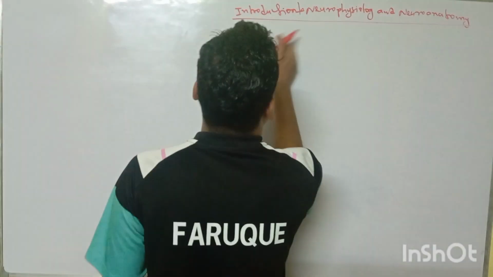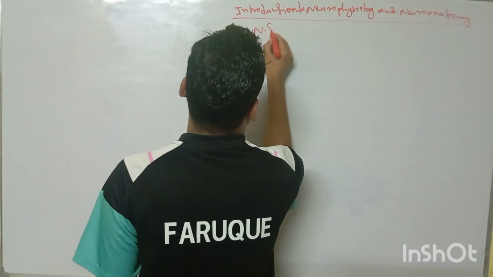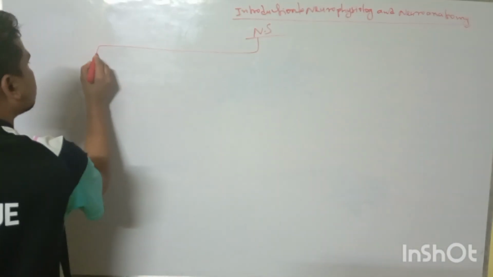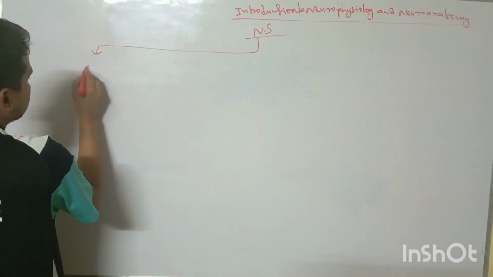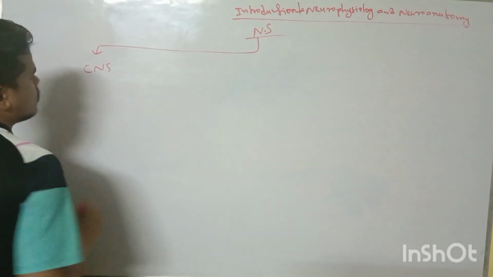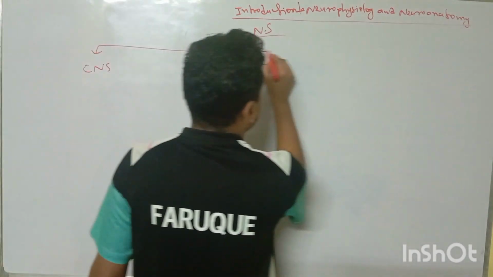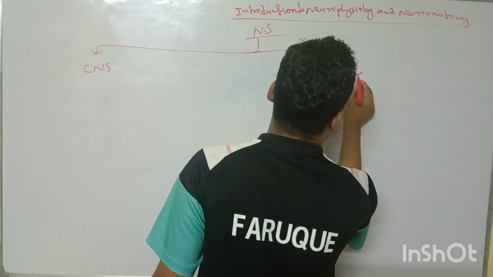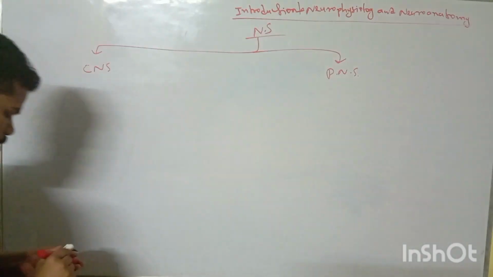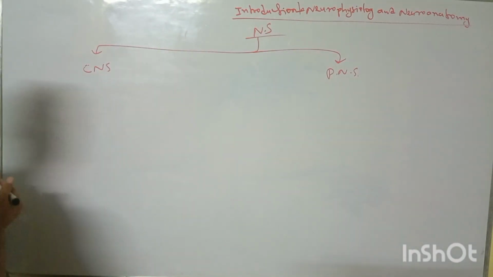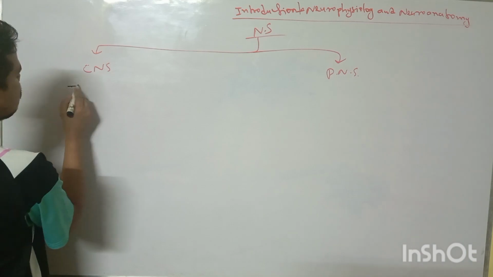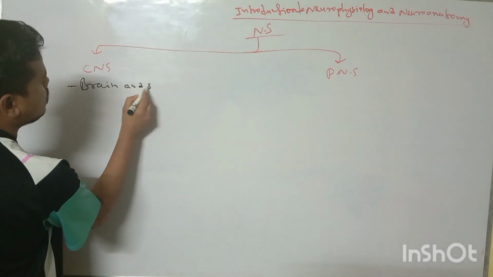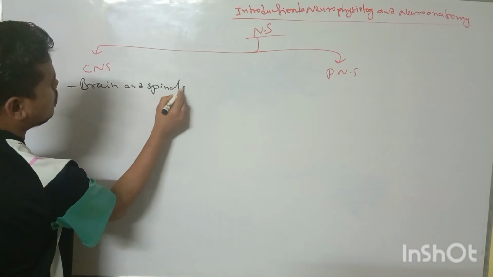The nervous system can broadly be classified as the central nervous system, CNS, and the peripheral nervous system.